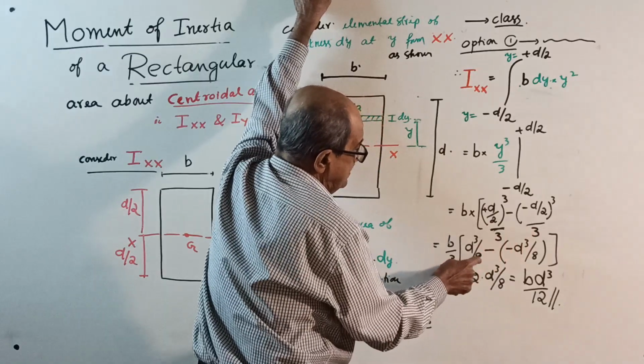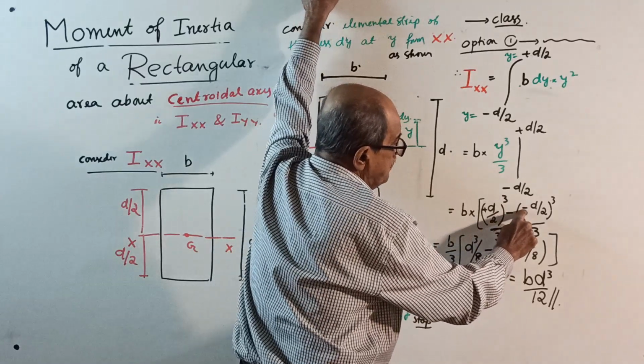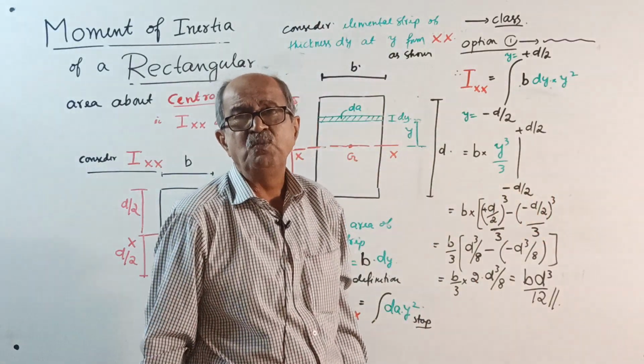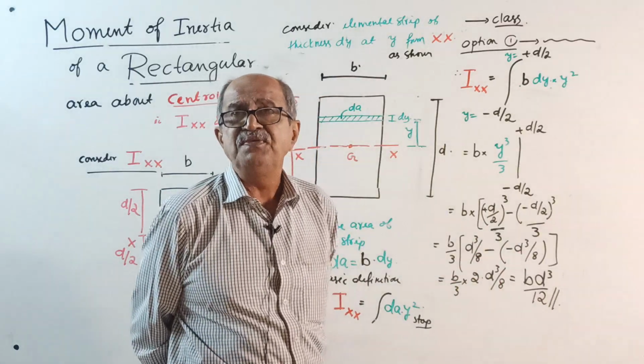2 cube is 8. d cube by 8 minus, again minus d by 2 cube, minus d by 2 cube is minus d cube by 8. Why? When the negative term is there, the square is positive, the cube is negative.